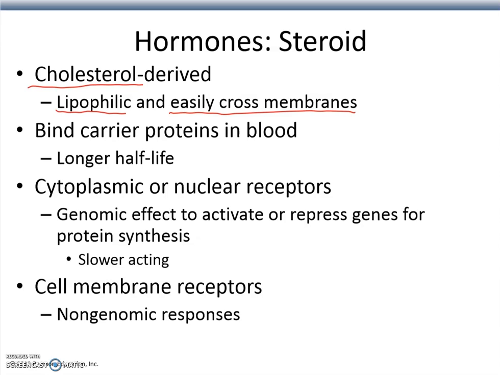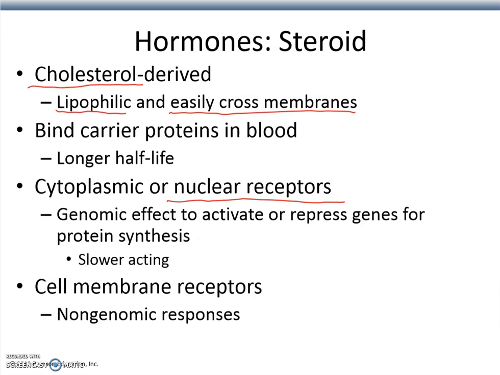They typically have a pretty long half-life, and they get across the cytoplasm and into the nucleus. Sometimes they need a cytoplasmic little carrier protein to help them across. But as I said, they have no problem crossing the phospholipid bilayers of the nuclear envelope, and then eventually they bind to nuclear receptors.